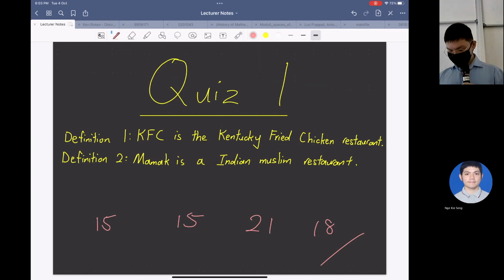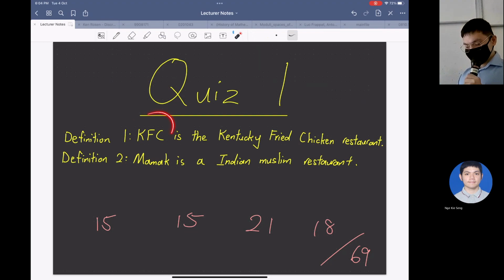Should I hand it out? Hand it out. Okay. In case you don't understand what KFC and Mama are, I put the definition here for you.